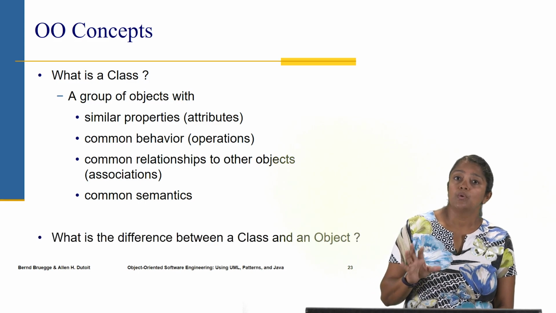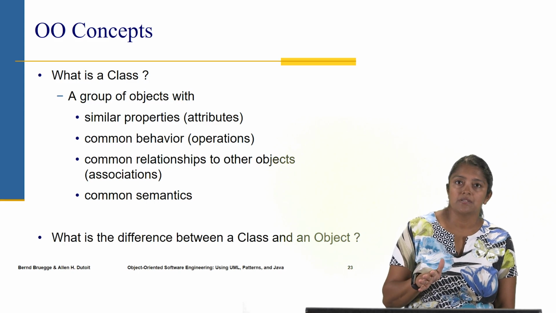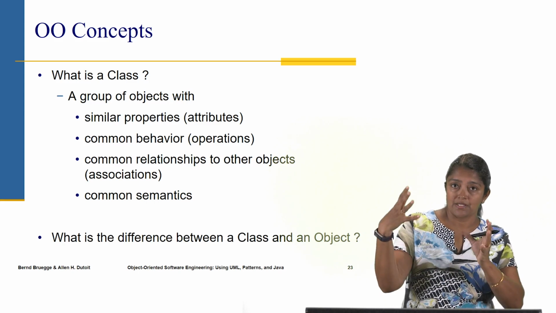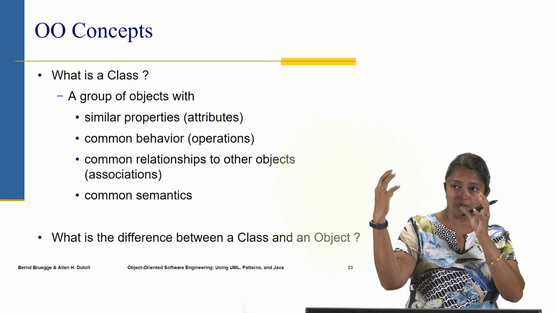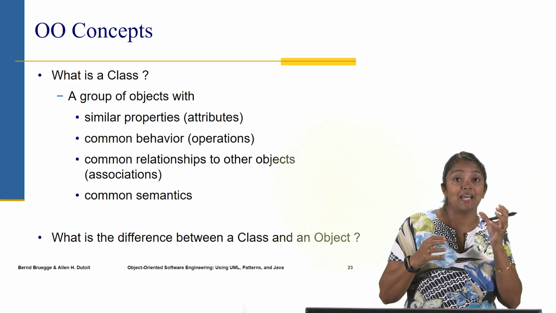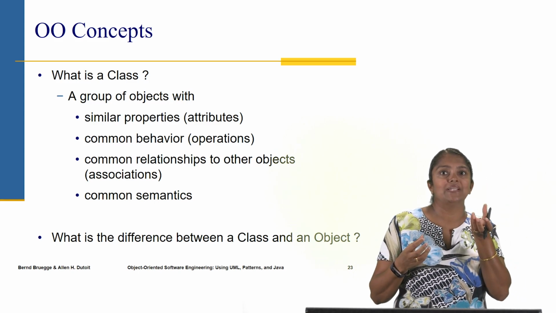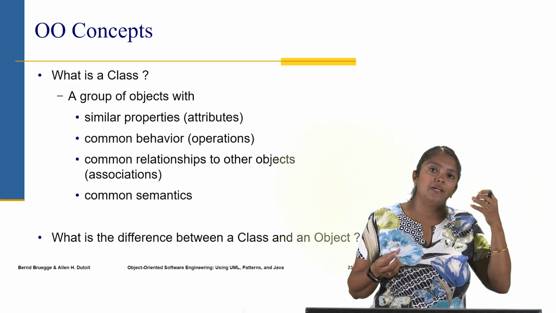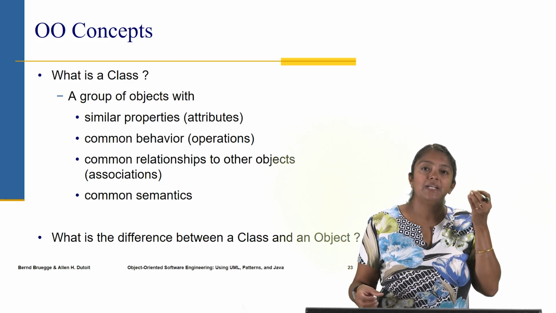Now, what's the difference between a class and an object? A class is just the template that's bringing all of these similar objects together. An object is the actual thing. It's an instance of the class. It's the actual instance that contains the data.